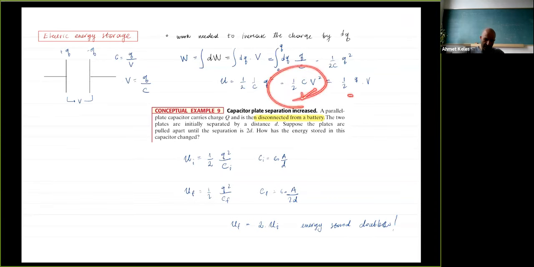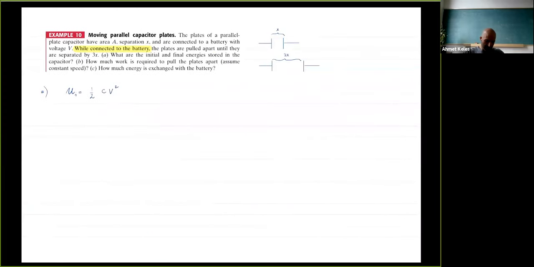So let's just copy this one and put it here. Now let's put C. C is equal to epsilon naught area divided by X. Then U initial is equal to 1/2 epsilon naught area over X times V squared.